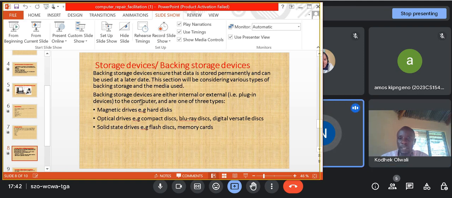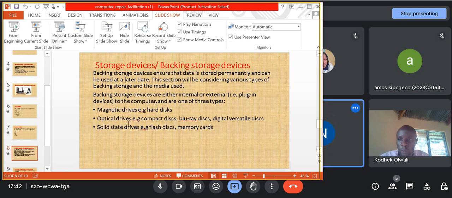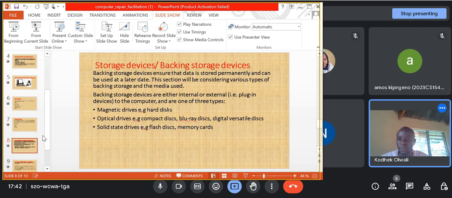Yes, we are together, sir. So we have the optical drives, for example, compact discs, Blu-ray discs, and digital versatile discs. And lastly, we have the solid state drives. Solid state drive examples include flash disks and memory cards.